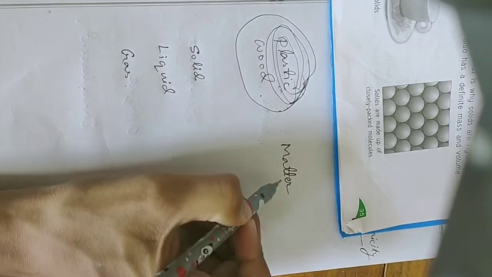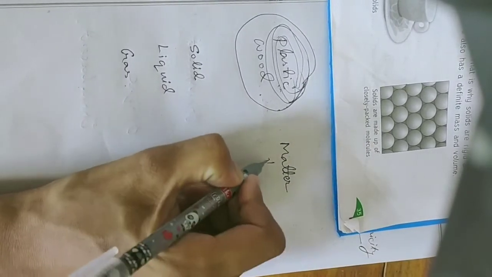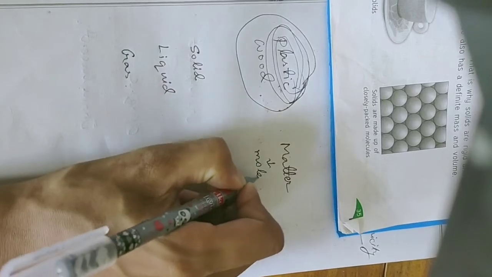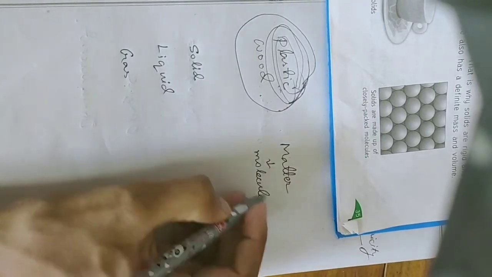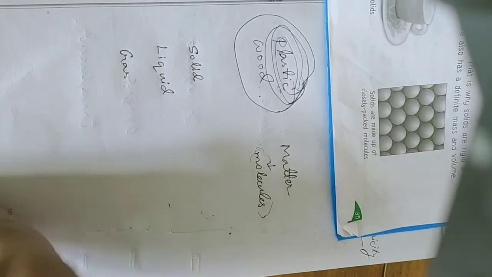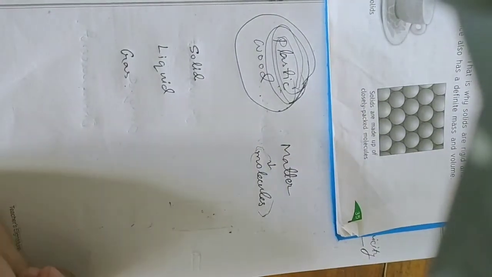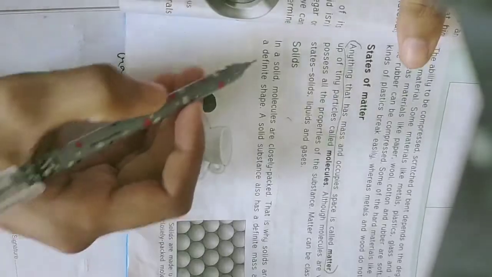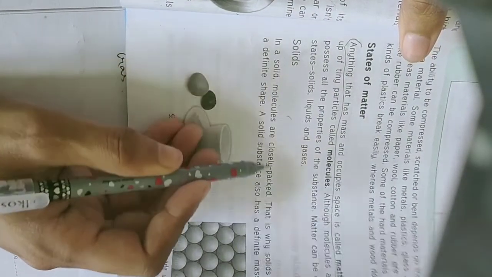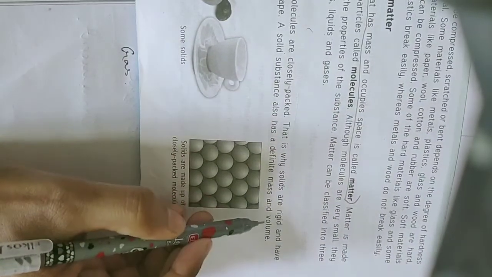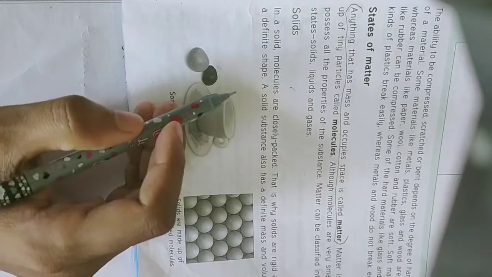Now matter is made up of small particles called molecules. These molecules are so small that you cannot see them with your eyes. You have to use a microscope. Now in a solid, molecules are closely packed. This is why solids are rigid and have a definite shape.